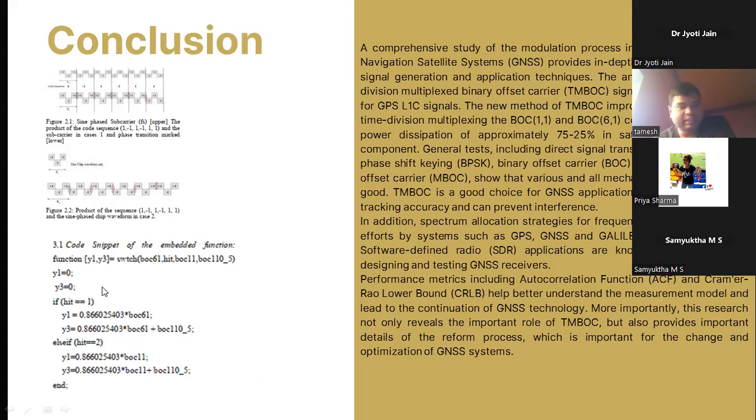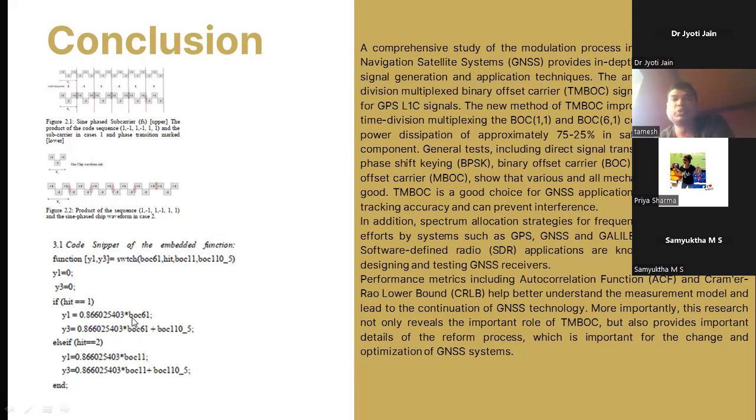And this is the code. This is actually the very crucial code that I have to use, where 0.86 is 02503. By using this, I actually convert from one domain to another, from the spectral domain to the time domain.